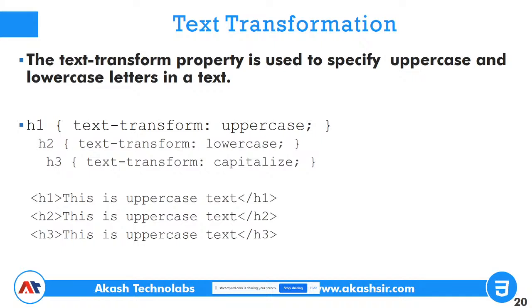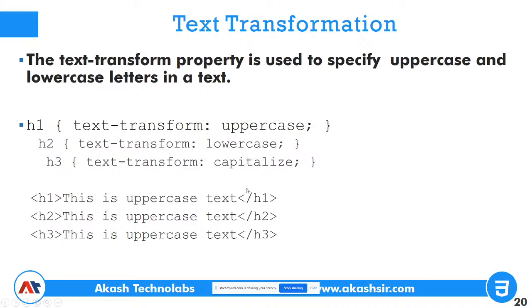Then next, text transformation. For an example, in most cases we want to display our text in uppercase, maybe lowercase, or maybe capitalize, right? So we have a text transform property in which you can specify uppercase, lowercase, and capitalize. So your case will be changed to the respective value, right? For an example, if you specify uppercase, this text will be converted into uppercase.